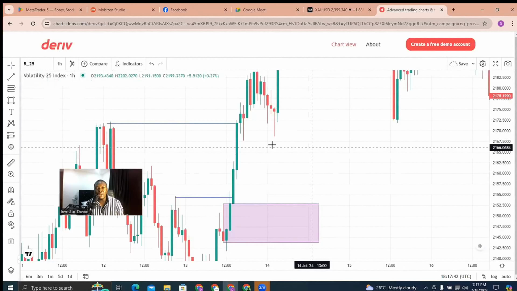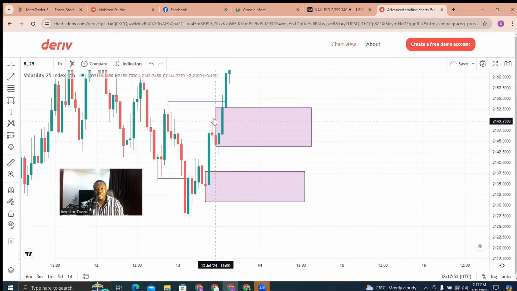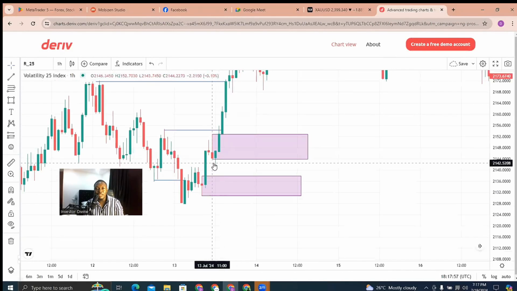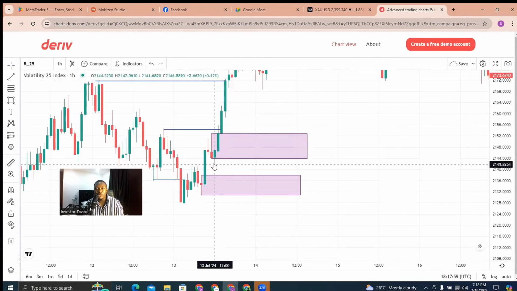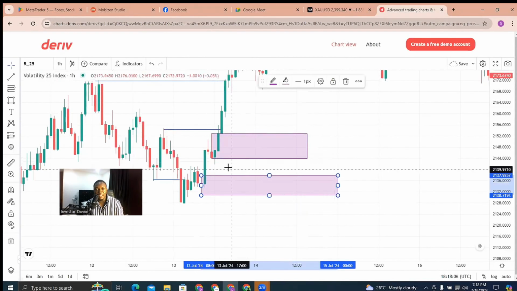We could have called this place the inducement to this zone, but it is very far from our zone. But this one, you can see, will be our inducement area. This is a nice inducement area sitting just above our order block, which makes this more valid.